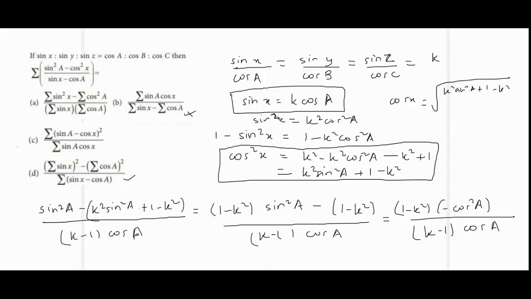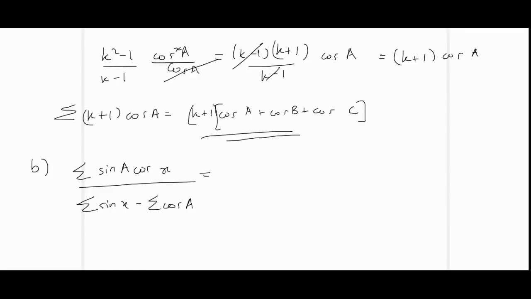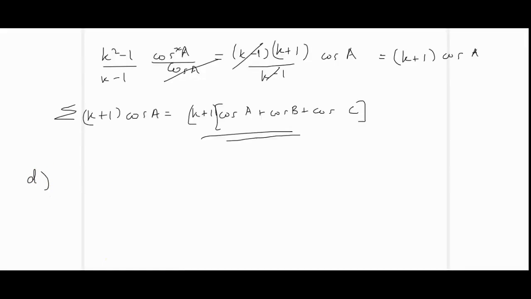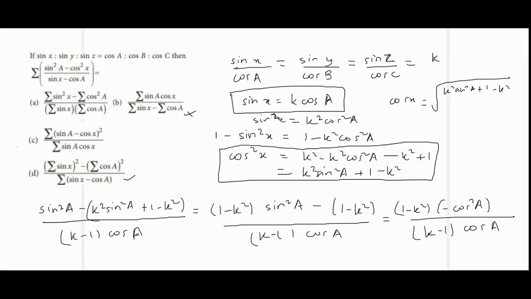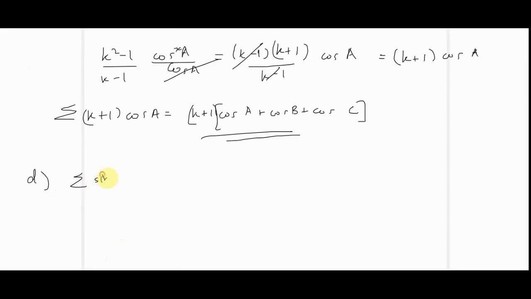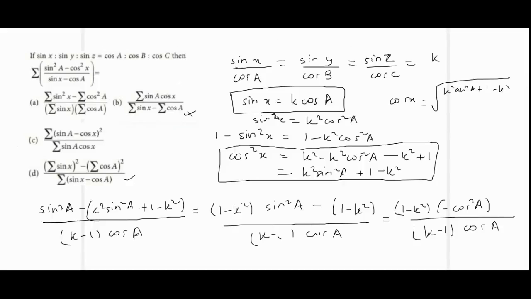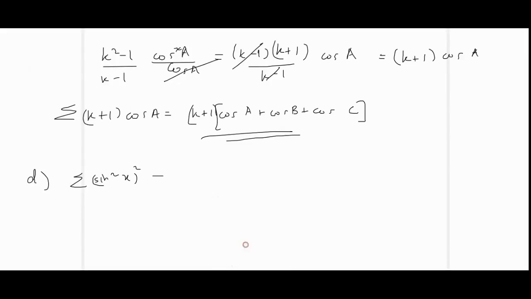Let's try D. And if D is not the answer, then we'll come back. That is summation sin square x whole square minus summation cos square a divided by summation sin x minus cos a.